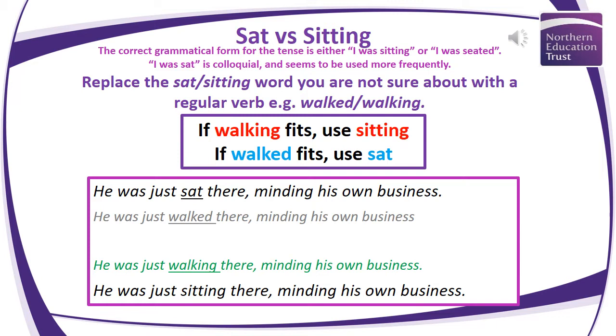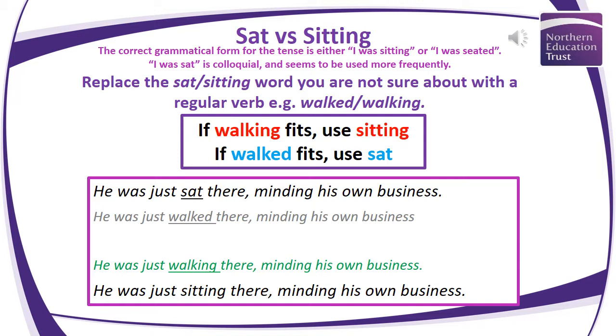So this is an aspect which I don't think gets enough coverage. So it's a constant annoyance as an examiner, and I think it just needs a little bit more attention. Perhaps some people don't know the rule, and I think it's really important that we start to pass this on to the students. If we're going to look at everything that's grammatically correct, for either tense, you should have either that I was sitting or I was seated. So those are the correct tenses. So whether you're talking about past or present.